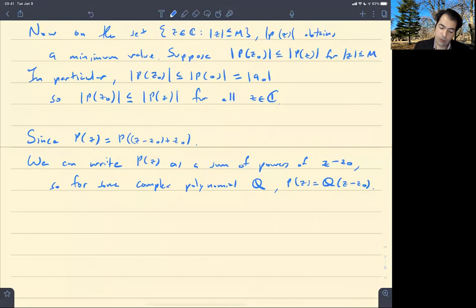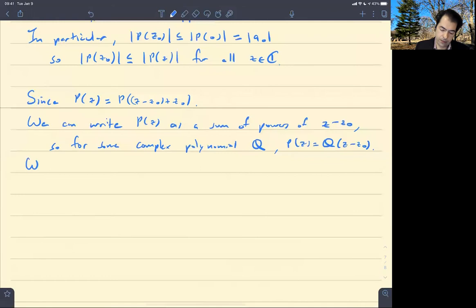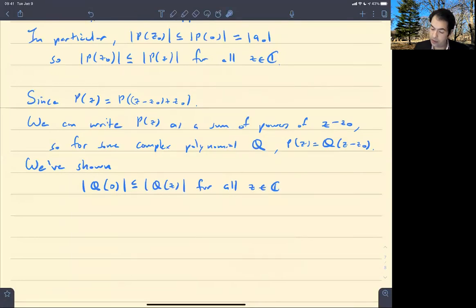Okay, so now let's rephrase what we've proven in terms of Q. We've shown that the modulus of Q of 0 is less than or equal to the modulus of Q of z for all z in the complex numbers, right? And that's of course because Q of 0 is the same as p of z naught, right?